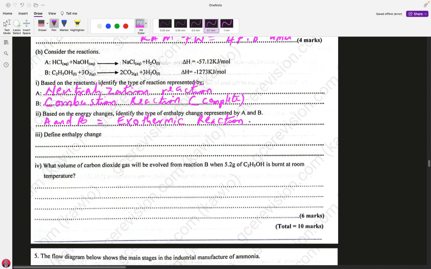Okay, define enthalpy change. What is enthalpy change or energy change? Energy change is delta H. The delta H you see here is what we call energy change.